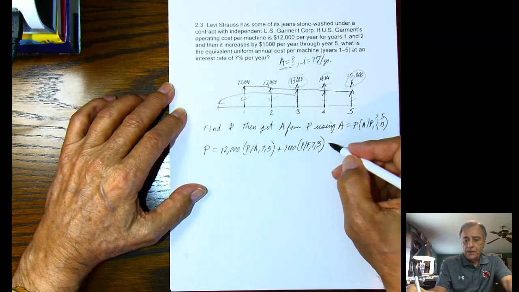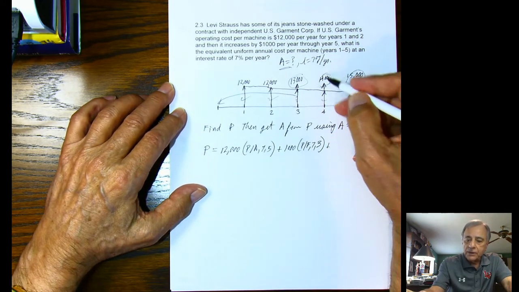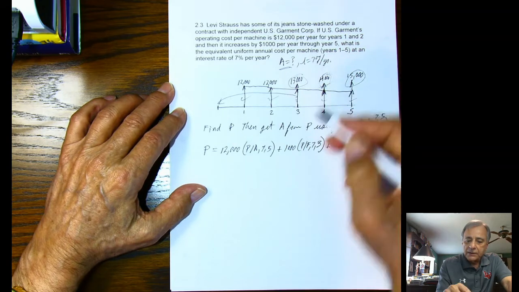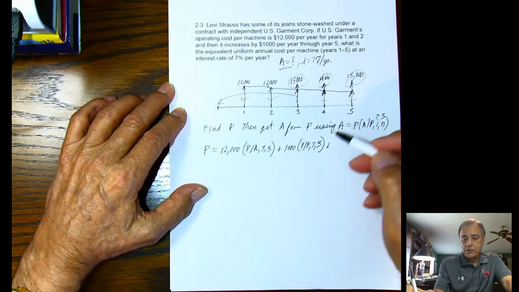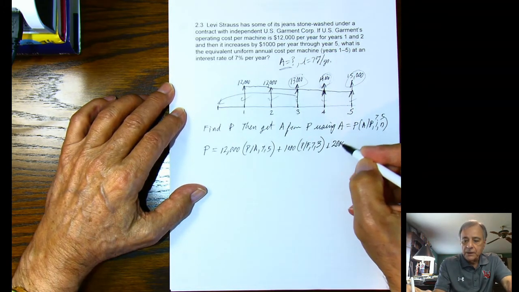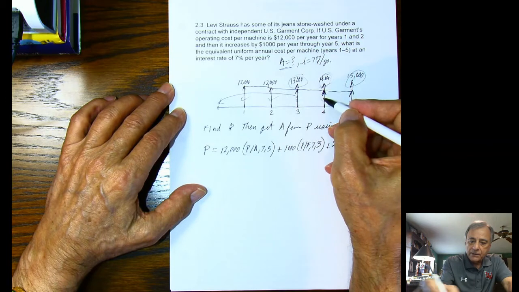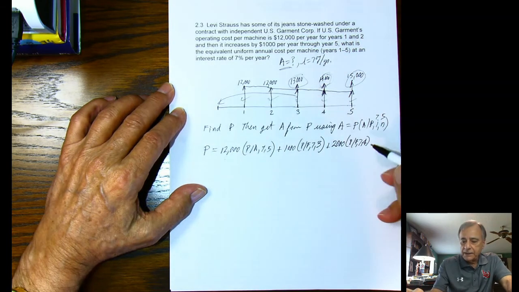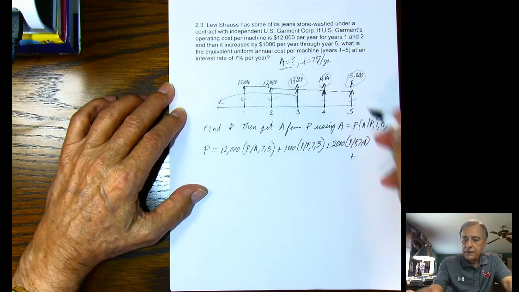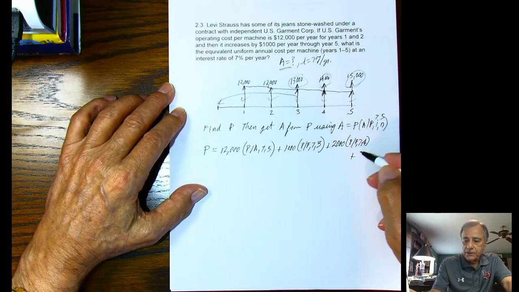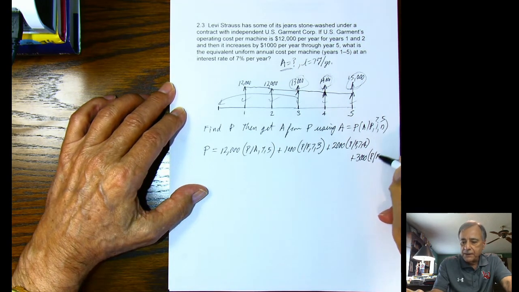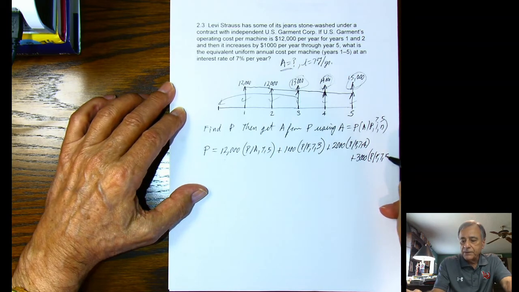And then we have 2,000 left over here because we took the 12,000 out in this calculation. So we have 2,000 P given F, 7% for 4 years to get this back to here. And then finally we have 3,000 here. So it'll be 3,000 P given F, 7% for 5 years.